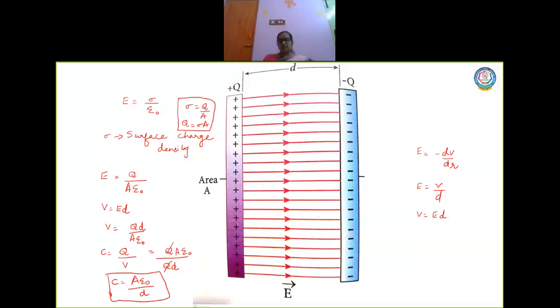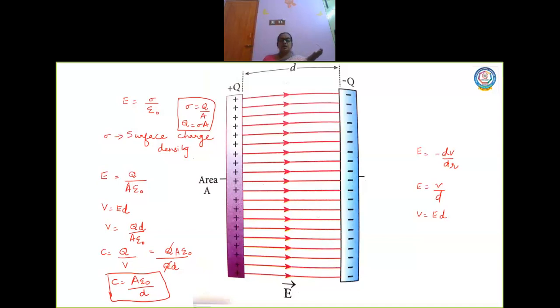Okay, so from this formula we can understand what the capacitance of a capacitor depends on. Now look at this formula, what are all the values there? It depends on the area of the plates. Greater the area, greater will be the capacitance.